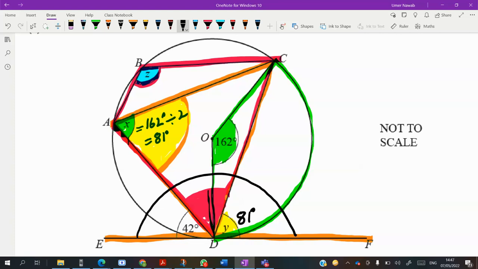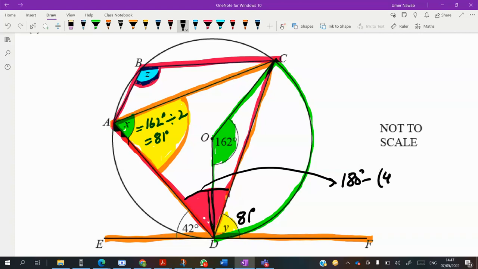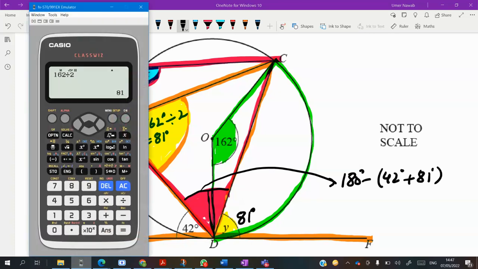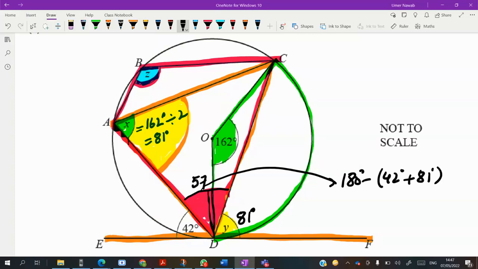From 180, we will subtract the two angles. So let us do this, the subtraction. We will write here 180 minus 42 plus 81. It gives us 57. So this angle is 57.